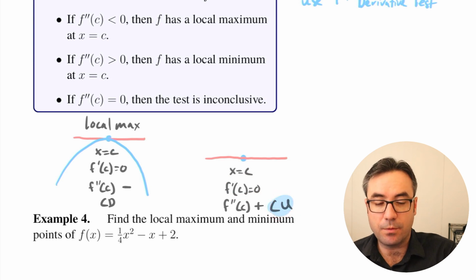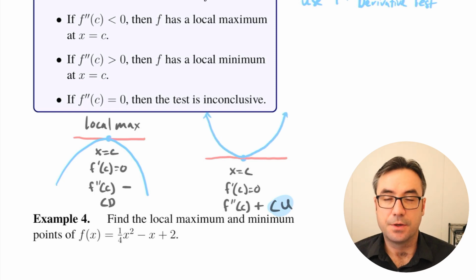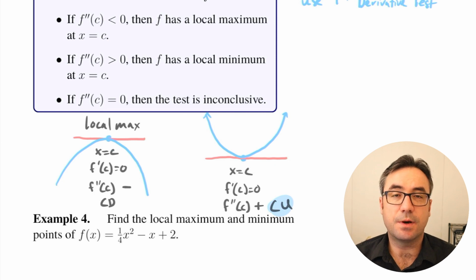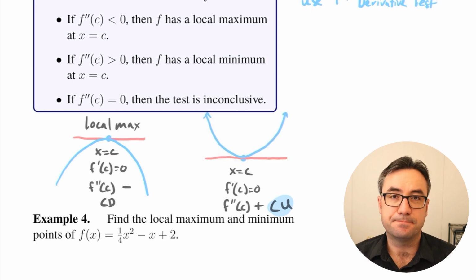There's really only one way it can look, and that's this sort of thing. Right around this critical number, this is what our function's going to look like. It's going to have this concave up shape, but it has to flatten out right at x equals c.